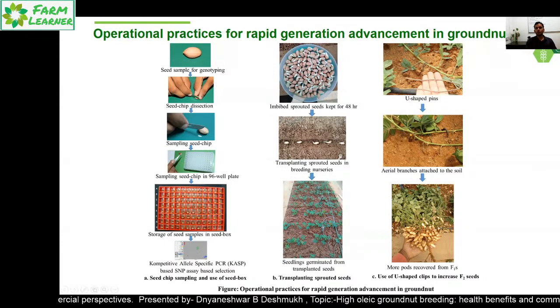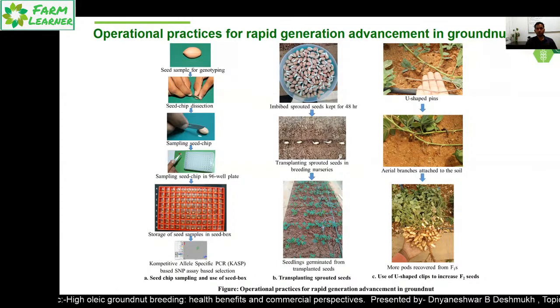Apart from this, we have one more operational intervention, that is use of sprouted seeds. What generally happens is we directly go for sowing. If we do, sometimes the climate will not be favorable, and sometimes we get germination problems in the field due to adverse biotic conditions. Here we imbibed the seeds in warm water, due to which we could get good germination.